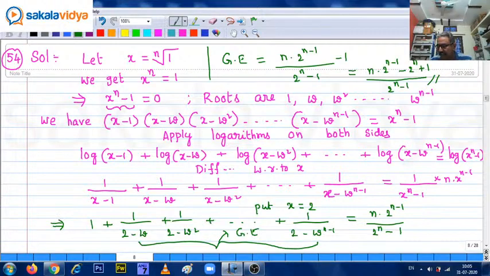So no shortcut method. This is the shortcut method itself only, because it's a problem. For every problem we cannot actually remember the shortcut. If you want to use the shortcut, the options should be there. If the options are given, we can adopt the shortcut. What is the shortcut? Put n is equal to 2.